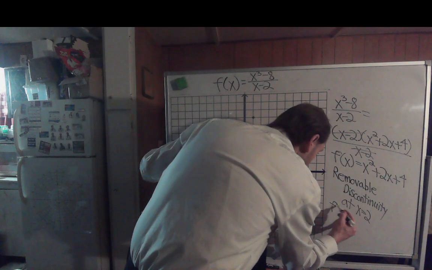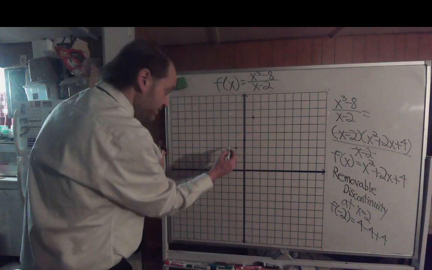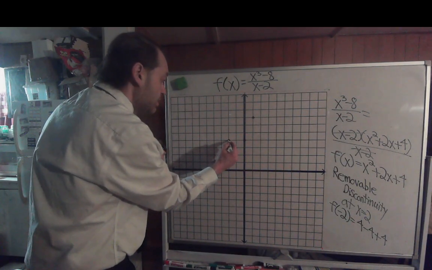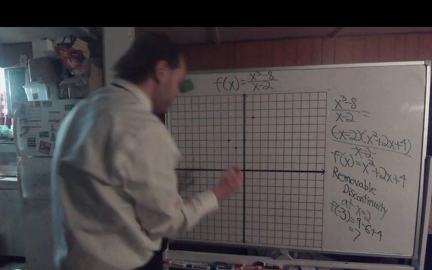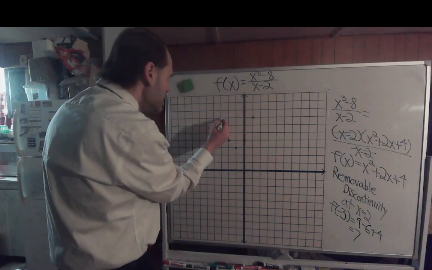So f of negative 2, you would get 4 minus 4 plus 4. So at negative 2, you'd be back to 4. Let's do negative 3. F of negative 3. That would end up giving you 9 minus 6 plus 4, which would be 3 plus 4, that'd be 7. So at negative 3, you're all the way up to 7.